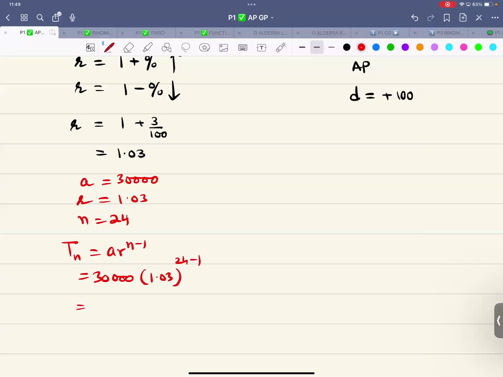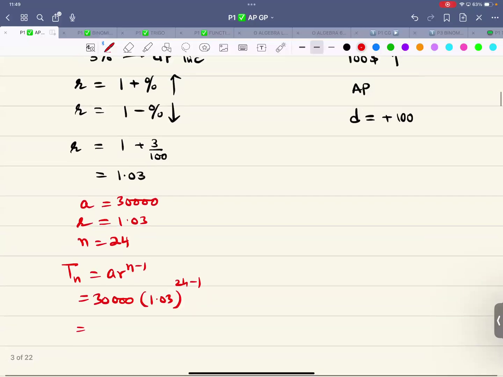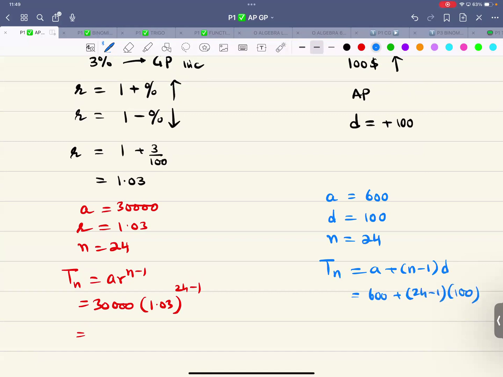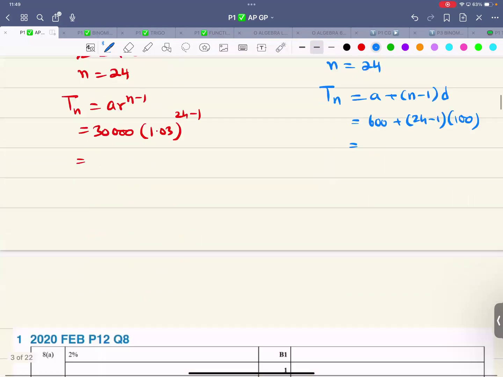We will just look at the mark scheme. Then over here, a is $600, common difference is 100, n is 24, Tn is a plus (n minus 1) into d. a is 600, n minus 1 is 24 minus 1, into 100, and this is the other answer. Now let me go to the mark scheme.